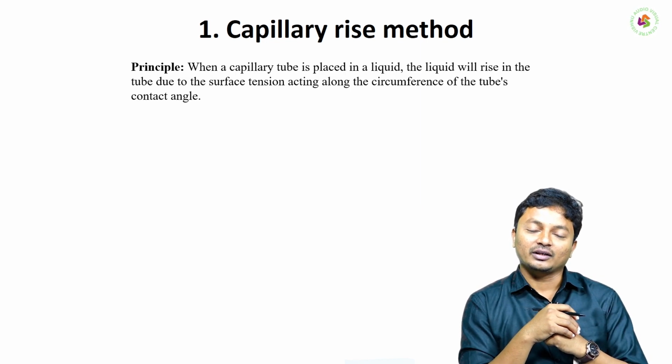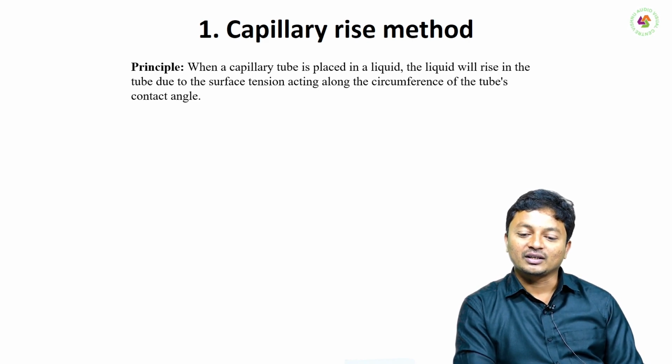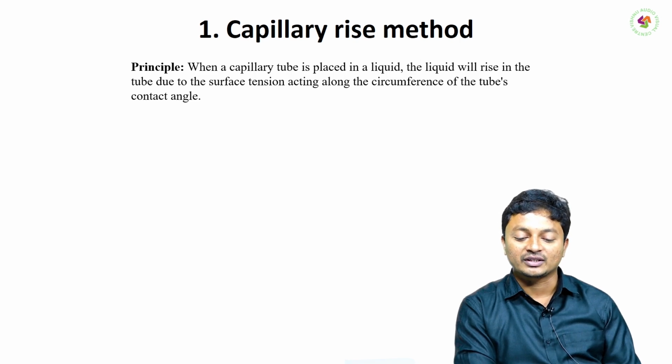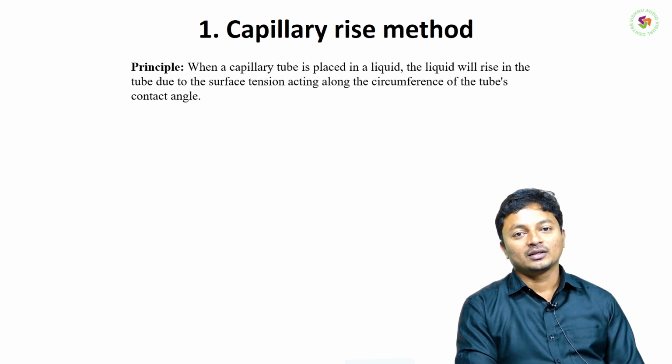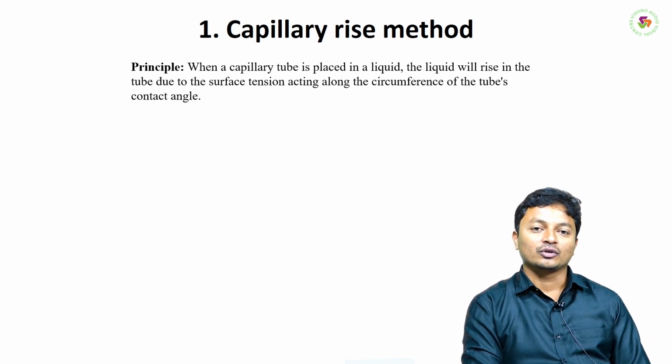The principle of the capillary rise method is that when a capillary tube is placed in a liquid, the liquid rises in the tube due to surface tension acting along the circumference of the tube's contact angle. Based on this principle, the capillary rise method works.